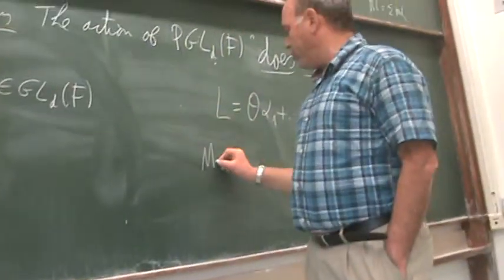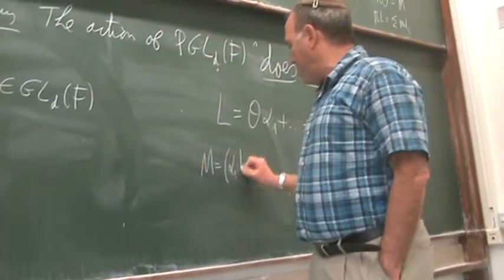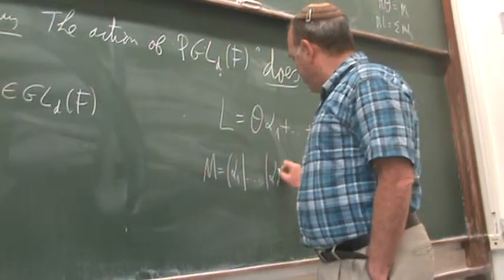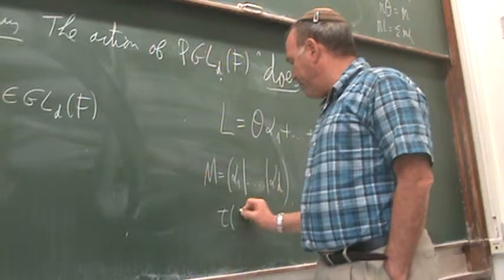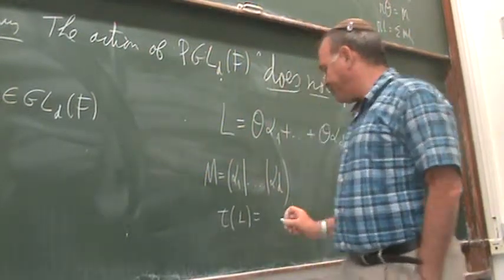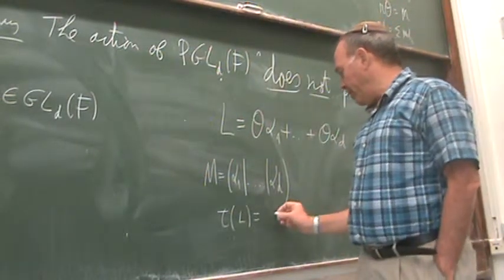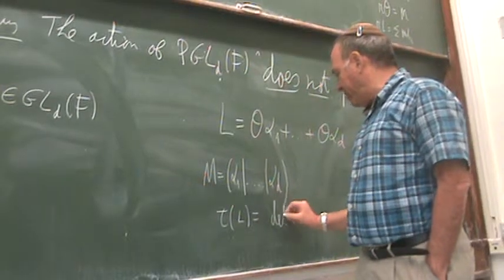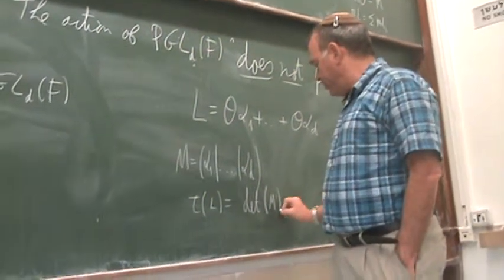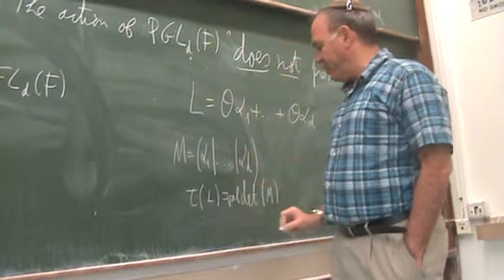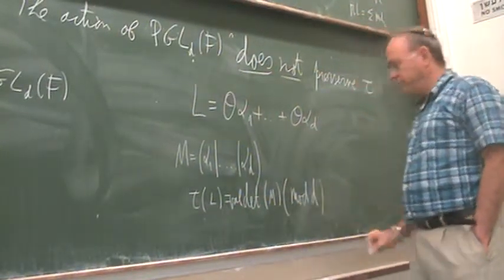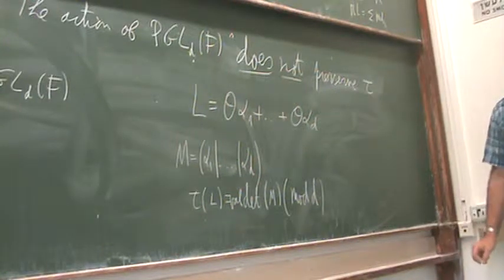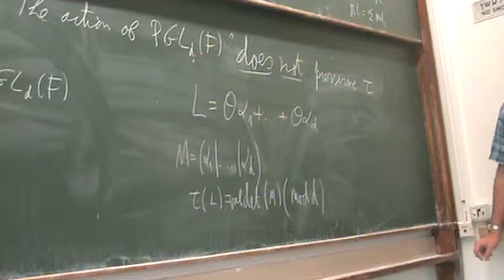You remember I told you take M(alpha_1, ..., alpha_d), the matrix, and the tau of L was really: we take the determinant of M and we take the valuation of this, mod d. Right? This was the coloring of L.